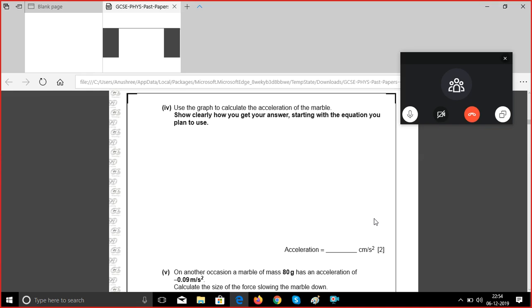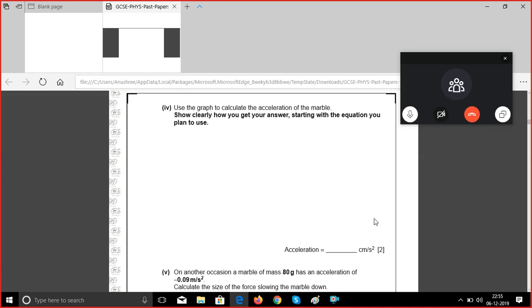So the final velocity was 0 and the initial velocity was 24 and the time was 4 seconds. So 0 minus 24 over 4, which gives us minus 6.